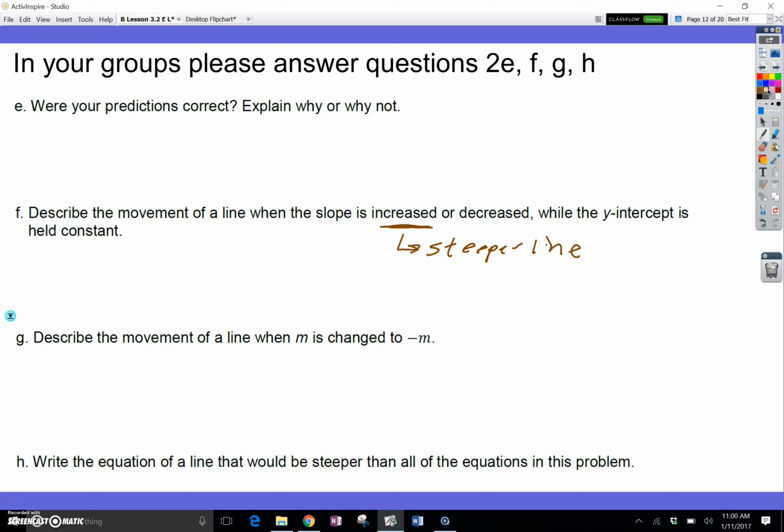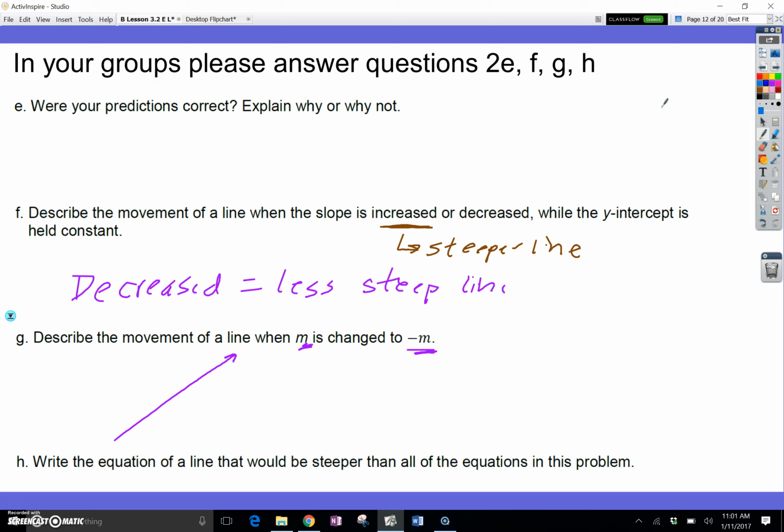And when the slope is decreased, you have a less steep line. Alright, describe the movement of m when m is changed to negative. So remember, when m was positive, it looked like this.